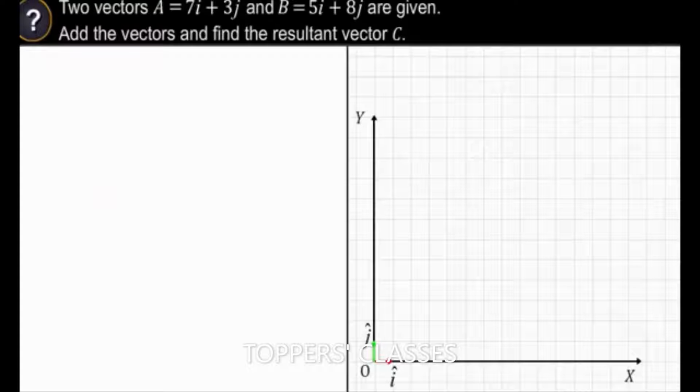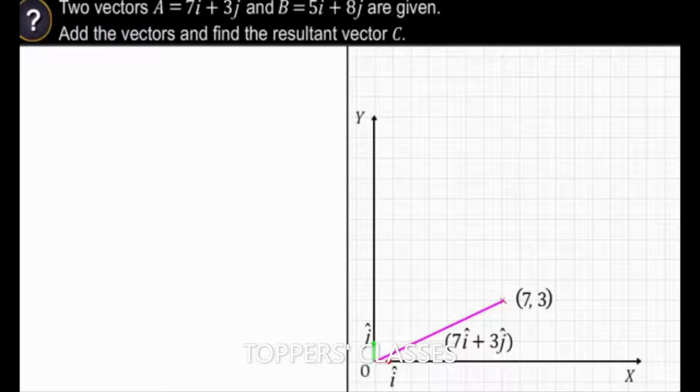To draw vector A, first mark the point 7, 3 on the graph paper. 7 is the coefficient of i and 3 is the coefficient of j. Join this point with O with a straight line. Draw an arrowhead at the end of this line.